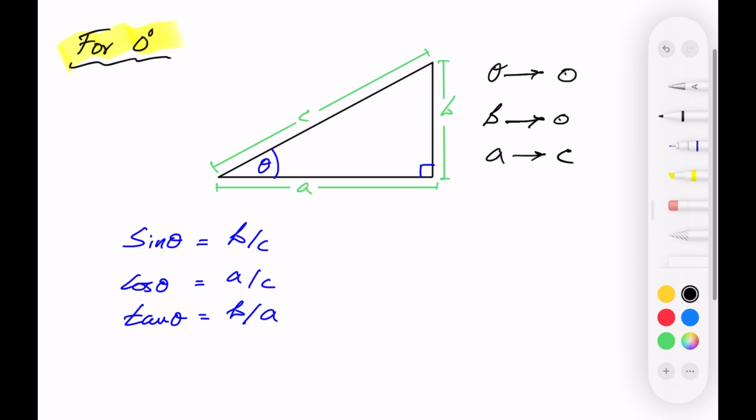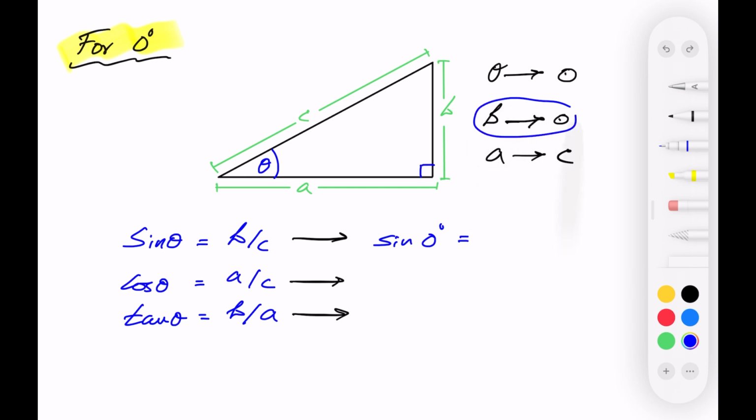According to that argument, now we can quite easily give values for sine theta, cosine theta, and tangent theta when theta is equal to 0. Sine 0 degrees, since it's equal to B over C, and because B is approximately equal to 0, this ratio now becomes 0 divided by C. 0 divided by C is equal to 0.